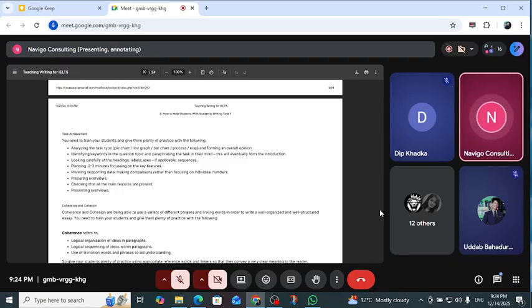First of all, we are going to read the introduction, learn how to write body paragraphs, learn how to write the conclusion, and do the exercises as well. So for today, this much. I'll start with the introduction for task one tomorrow, and we'll be seeing the questions and doing the exercises as well.